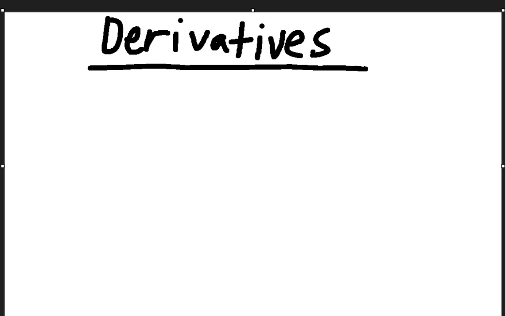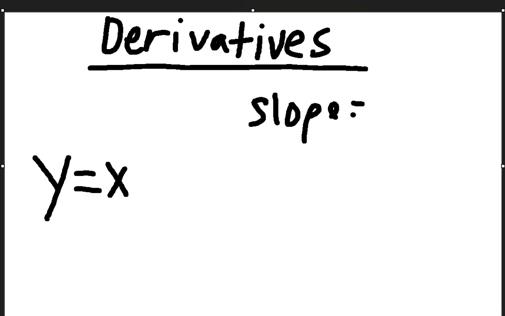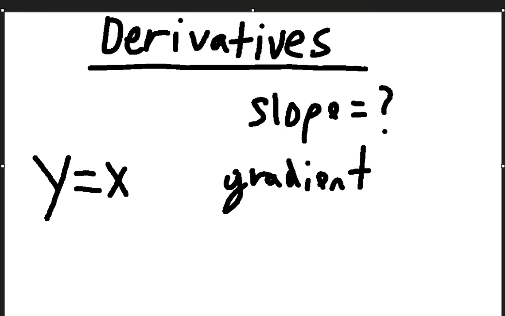Anyway, suppose that we have a different equation. Say y equals x. And let's say that I wanted you to tell me about the slope of this graph. Or maybe, I don't know, the gradient, or whatever you want to call it.